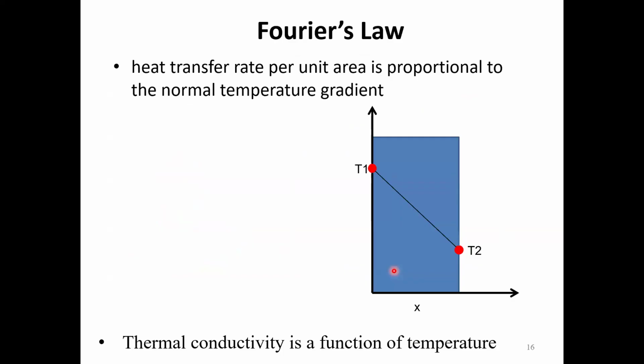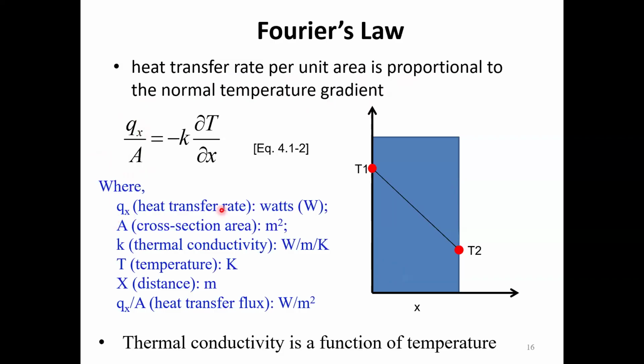Heat transfer by conduction is given by Fourier's law, or the mathematical equation for heat transfer by conduction is given by Fourier's law. What Fourier's law states is that heat transfer rate per unit area is proportional to the normal temperature gradient.